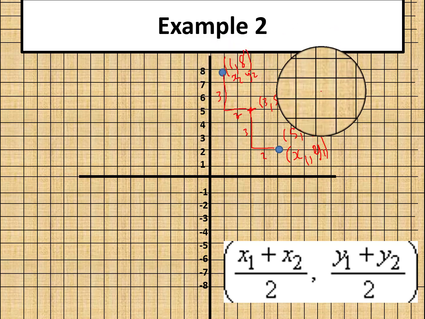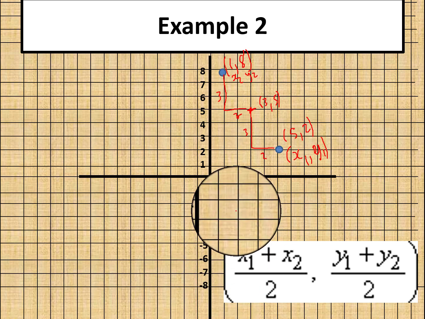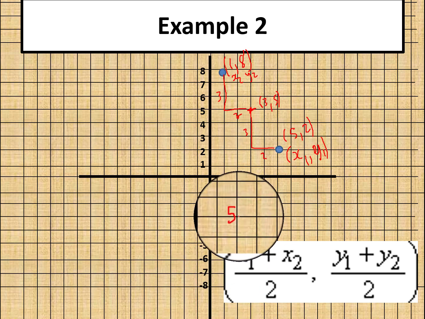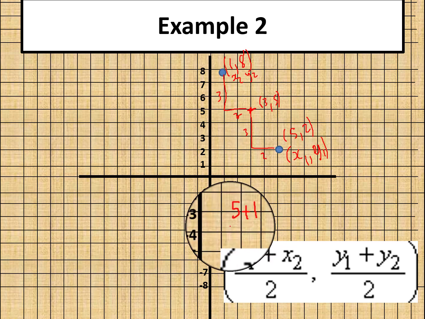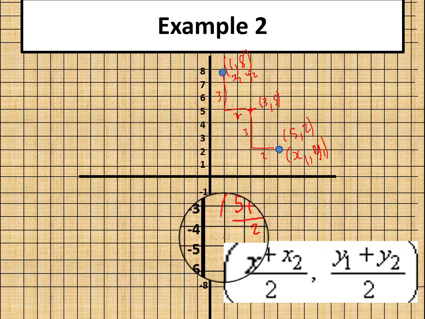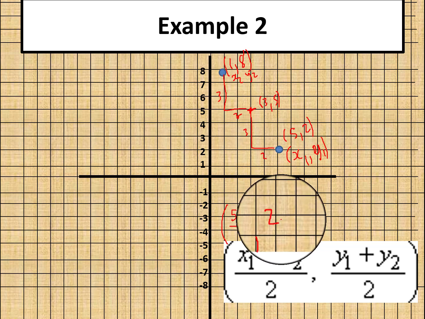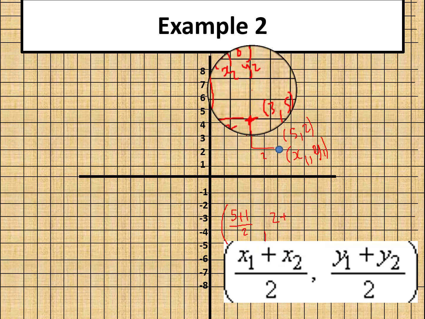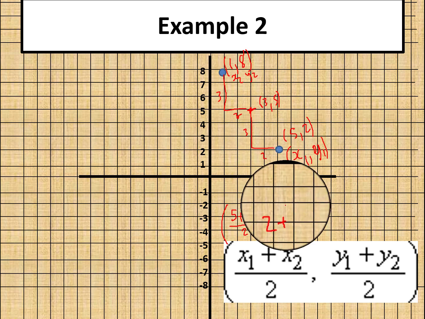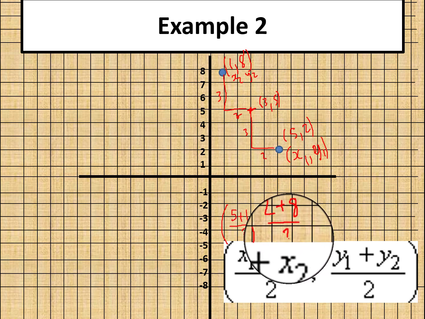So let's use this formula right here. I'm going to do it right on top of this. So x1 plus x2 becomes 5 add 1 divided by 2. You can write it straight away like that as a coordinate and just work it out later. So y1 is 2 plus y2, which is 8, all divided by 2.